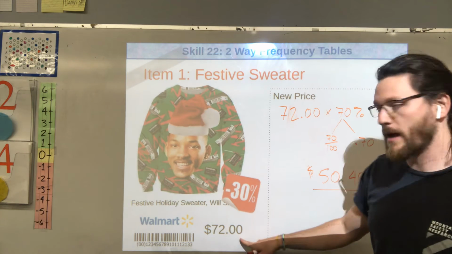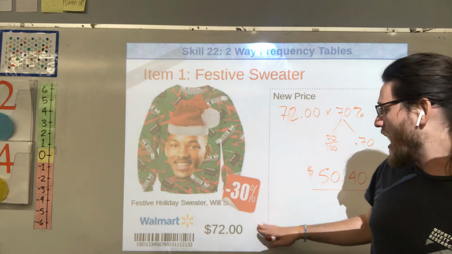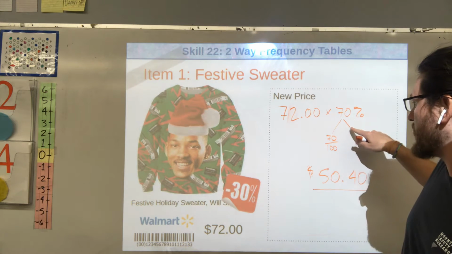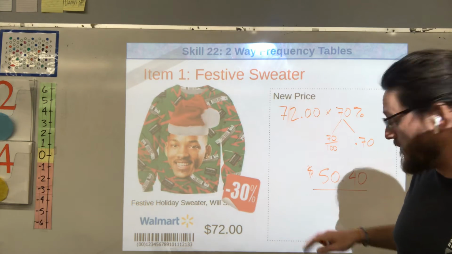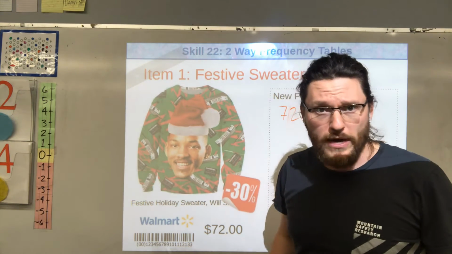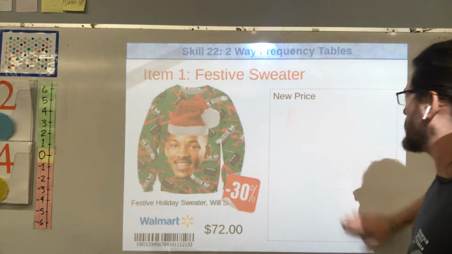So this sweater, I'm getting a screaming deal. You'd be dumb not to buy it. When we take off that 30%, we still have to pay 70%, and we end up with $50.40 on the sweater.